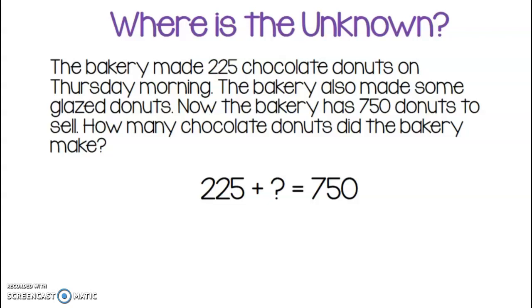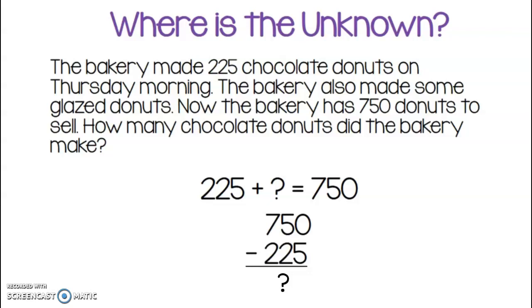We know the bakery made 225 chocolate donuts and some glazed donuts. We also know that the total number of donuts was 750. Since I know the total, which is 750, and one part, which is 225, I need to subtract to find the unknown number.